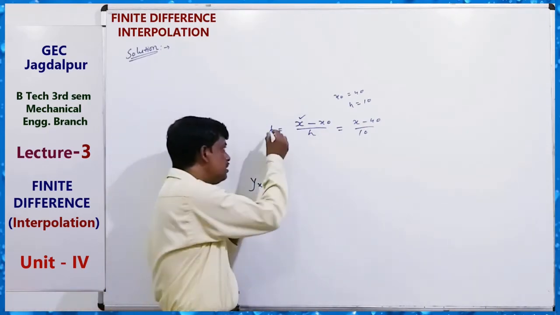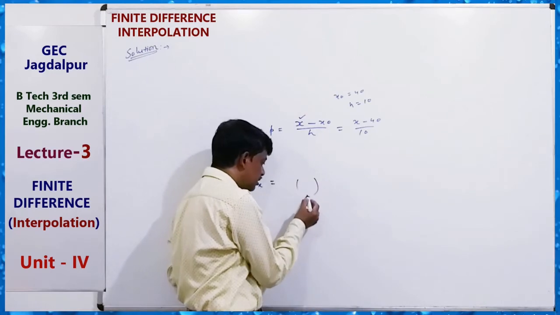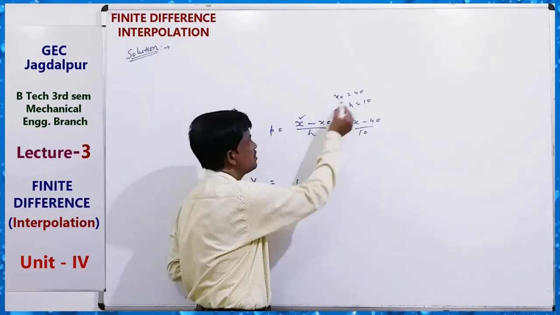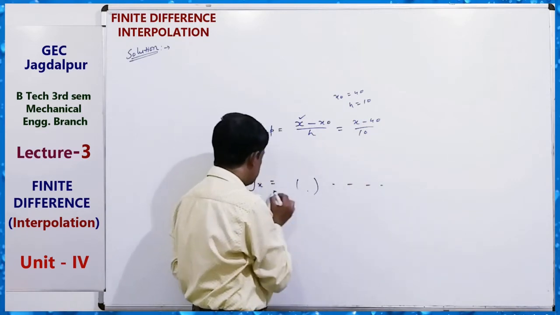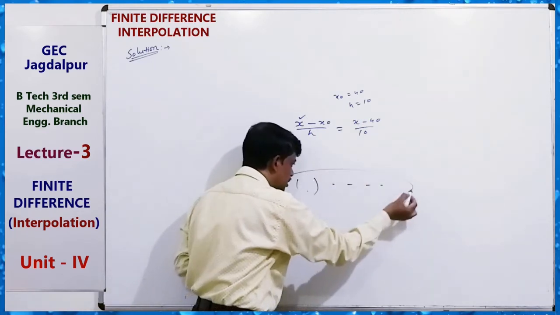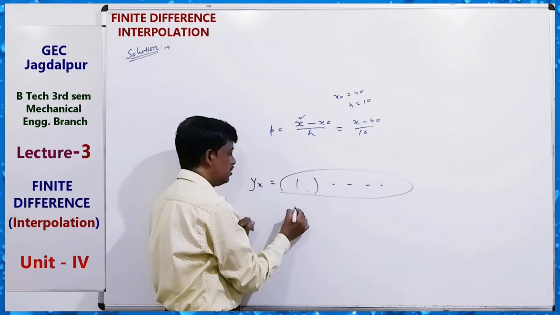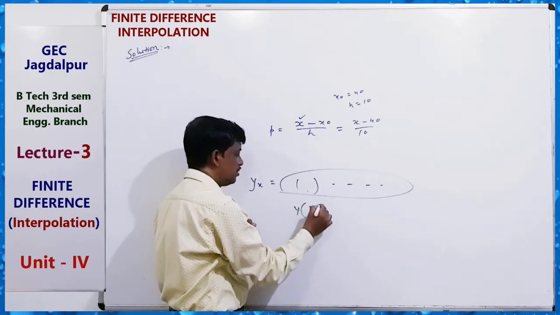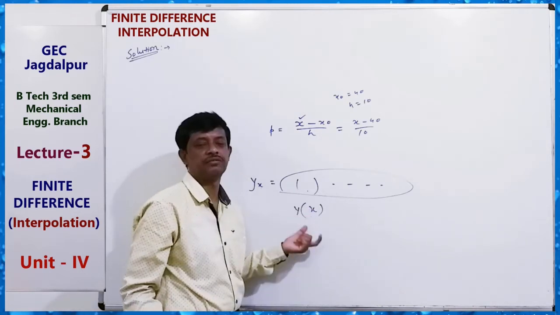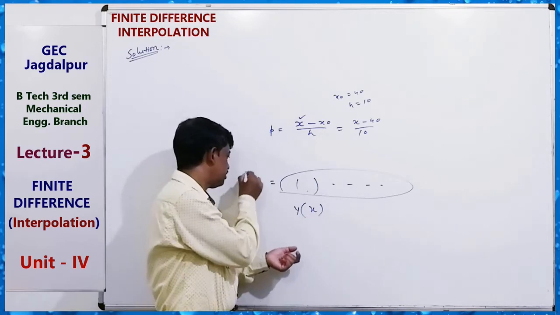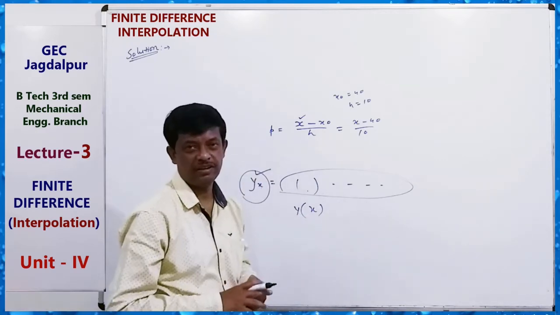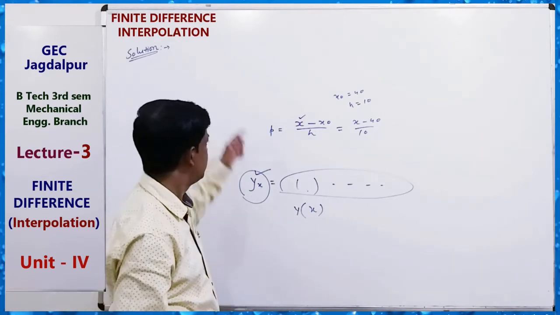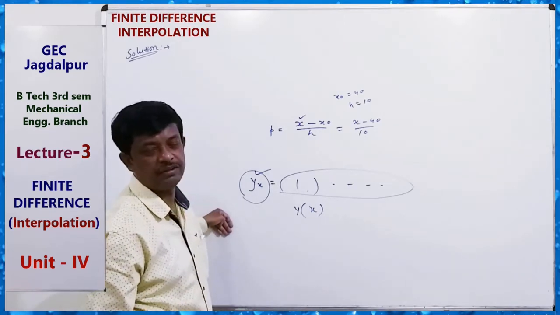Now this p is used in this formula, and differences also we can find from the table, and we will see that this will contain x, function of x. So we can find yx as a polynomial by using given data.